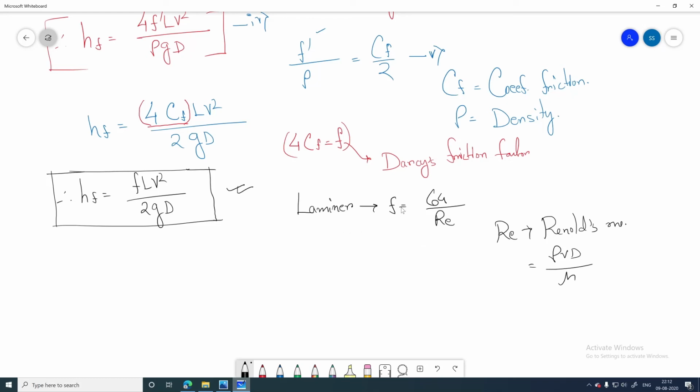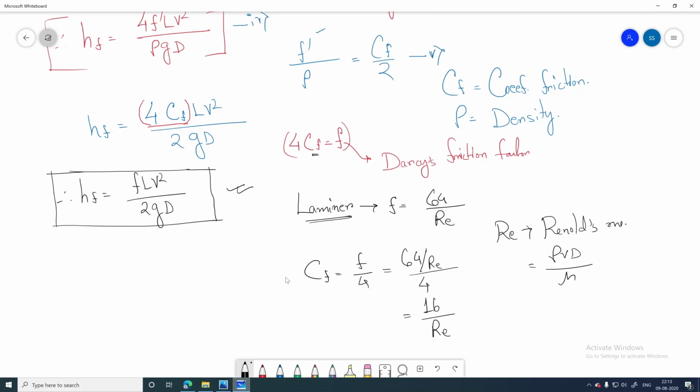This is in case of laminar flow. Okay, and if the f value is 64 by Re, then you can determine the value of Cf also, because you know that Cf is equal to f by 4. Now if the f value is 64 by Re, that means 64 by Re by 4, that means it is 16 by Re.